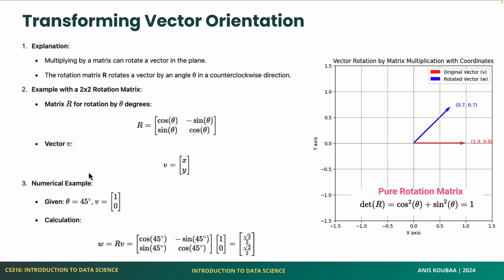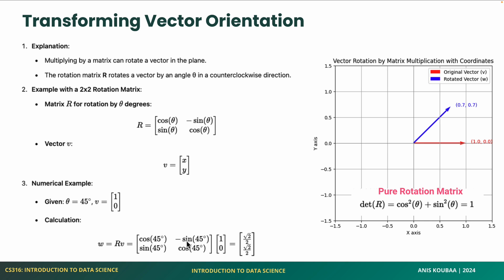Then you can set theta, for example, to 45 degrees. So this is a matrix that has numbers, and these numbers will be just the cosine and sine. Here we have the cosine of 45 multiplied by this vector 1, 0. So what happens when I multiply this matrix by this vector?